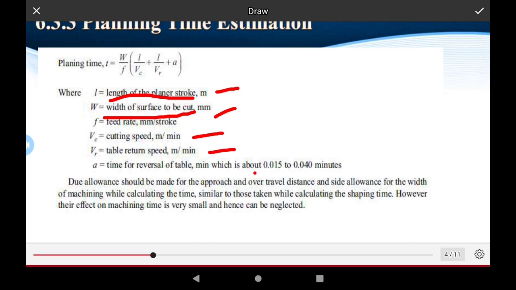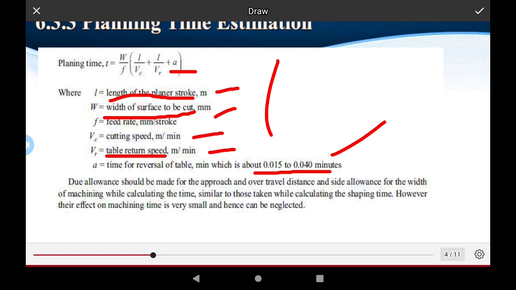Vr is the table return speed in meters per minute. Alpha is the time for reversal of the table in minutes, which is about 0.015 to 0.040 minutes. This value is not given in the problems, so assume it. This formula has two speeds: one is Vc, the cutting speed, and the second is Vr, the return speed of the table. These are the assumptions for this formula.